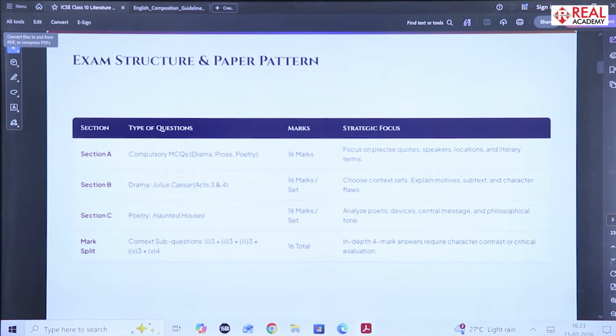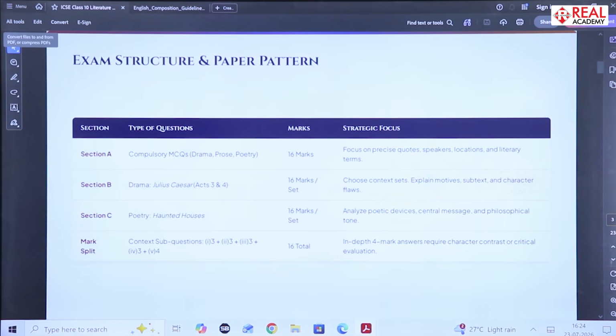We have four sections, with the mark split, the type of questions, the marks, and the strategic focus. Now, let's understand each section precisely.